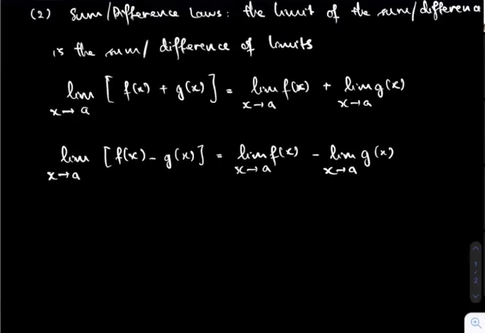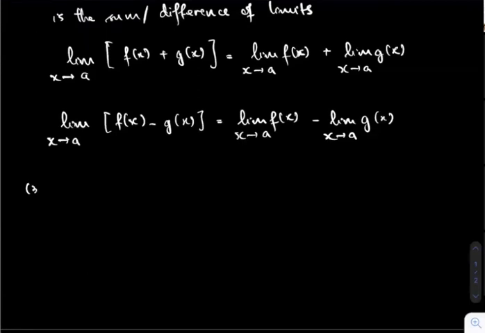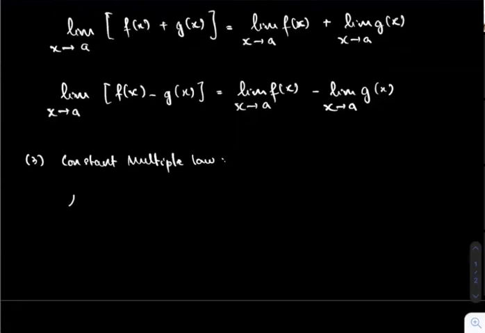Number 3 is the constant multiple law. If you have the limit of a constant multiplied with a function as x approaches a, it's equivalent to c times the limit of f of x as x goes to a. Number 4, product law.